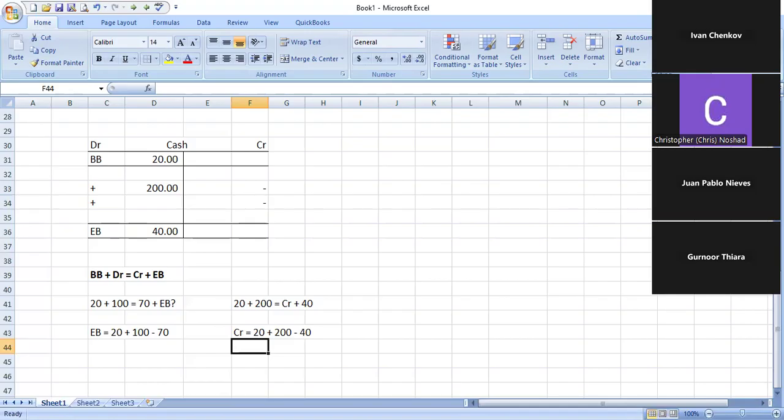So you have the beginning balance, you have the ending balance. How can you achieve that? Very simple. Make sure that what you put in is less than what you're getting out.